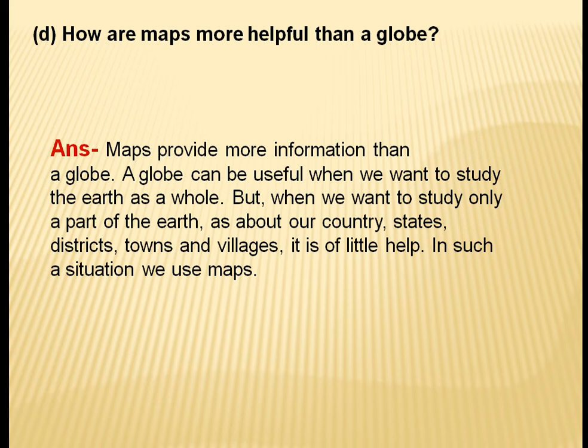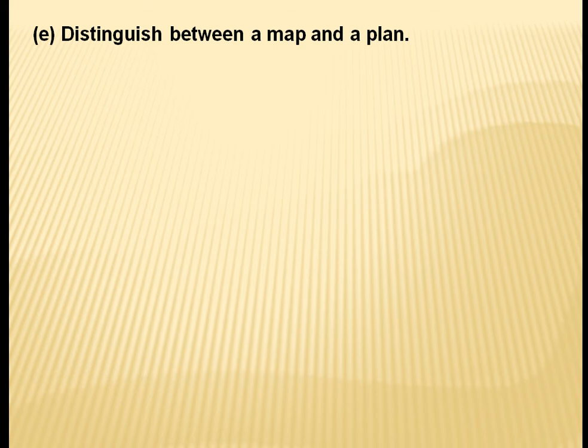So next point, distinguish between map and plan. We have seen the sketch versus plan, but here we are going to have a differentiation between the map and plan. Let's check out the answer.